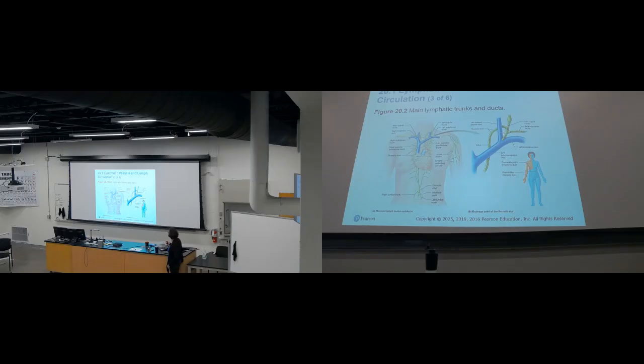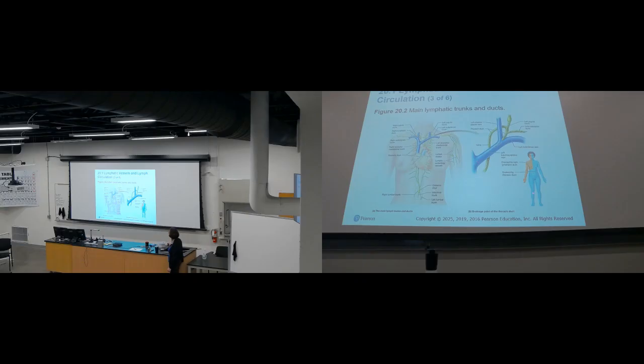And then what else drains into this thoracic duct? Well, it drains the left subclavian trunk for the left arm, and then the left jugular trunk that drains the left side of our head. Now, the right lymphatic duct receives all the lymph from this part of the body.